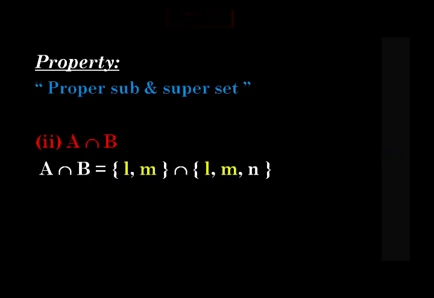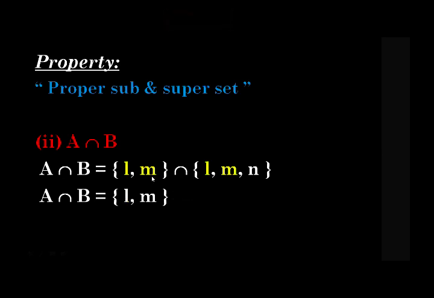First, we write the elements of set A, then put the sign of intersection, then we write the elements of B. Now we check what the common elements in both the sets are: L and M. Both are common in set A and set B. So we write the common elements in the intersection. So the answer is L and M.